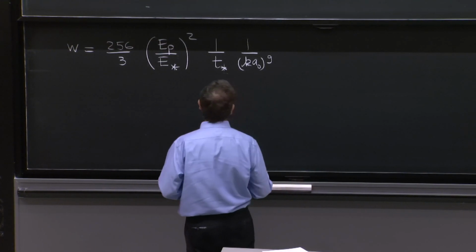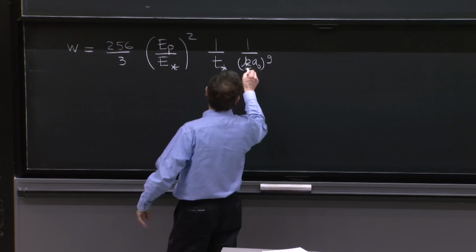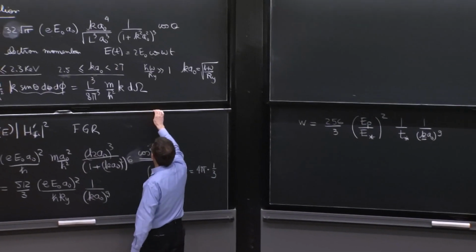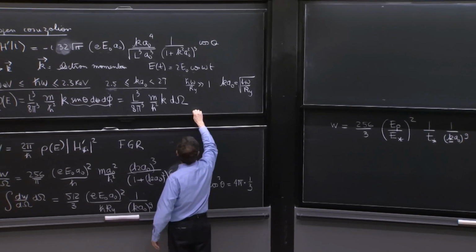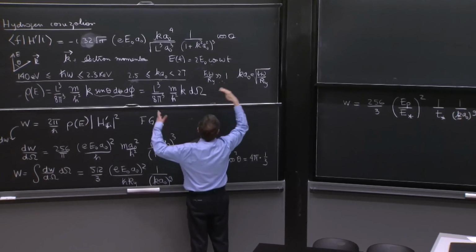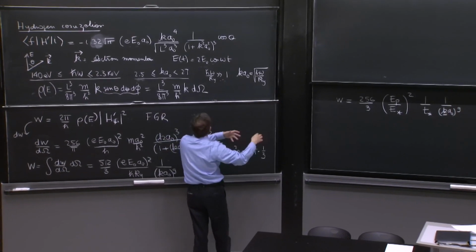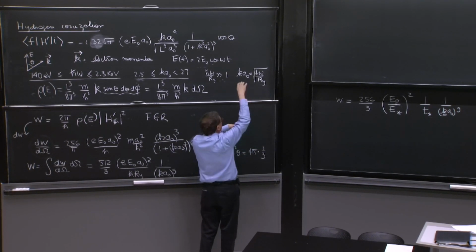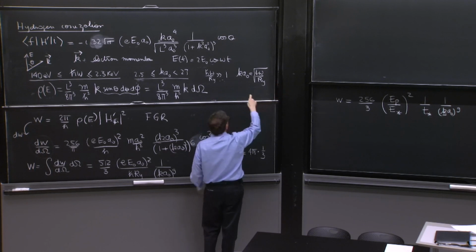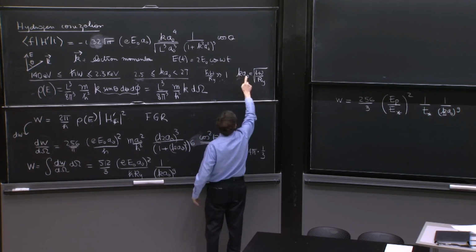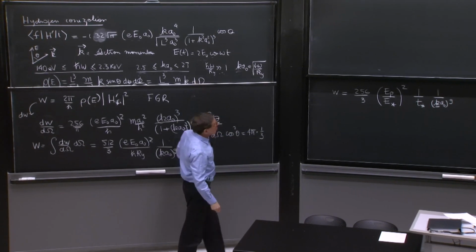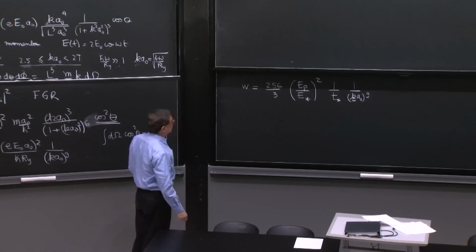It has disappeared, but it is implicit in the electron momentum, because the momentum of the electron is obtained from using the energy of the photon. It ionizes the electron, liberates the electron, and then gives it some kinetic energy. And roughly, K goes like square root of omega. So there is an omega dependence here.